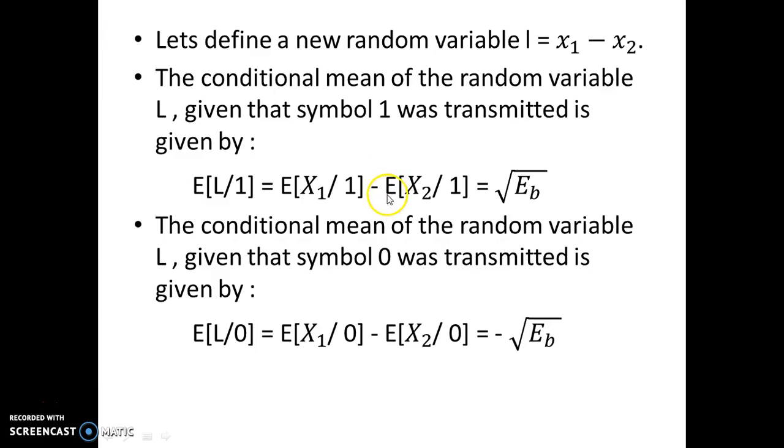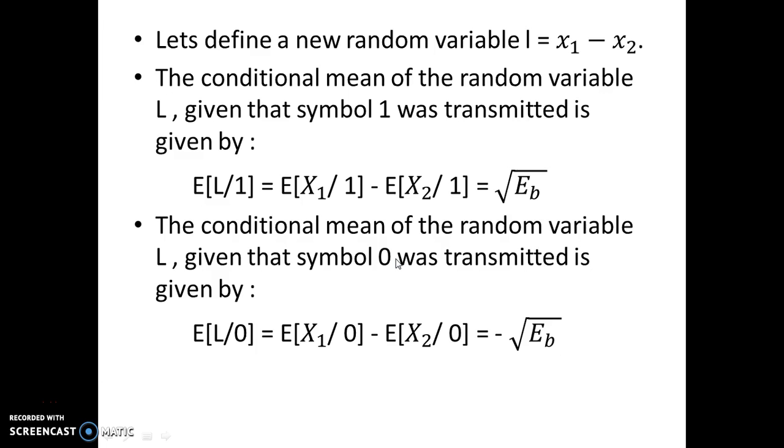But the expectation of the AWGN noise is going to be 0. We assume the AWGN noise to have zero mean. So this expression will have the output root EB. Expectation of x1 given 1 is root EB, and this will be 0. So it is root EB.